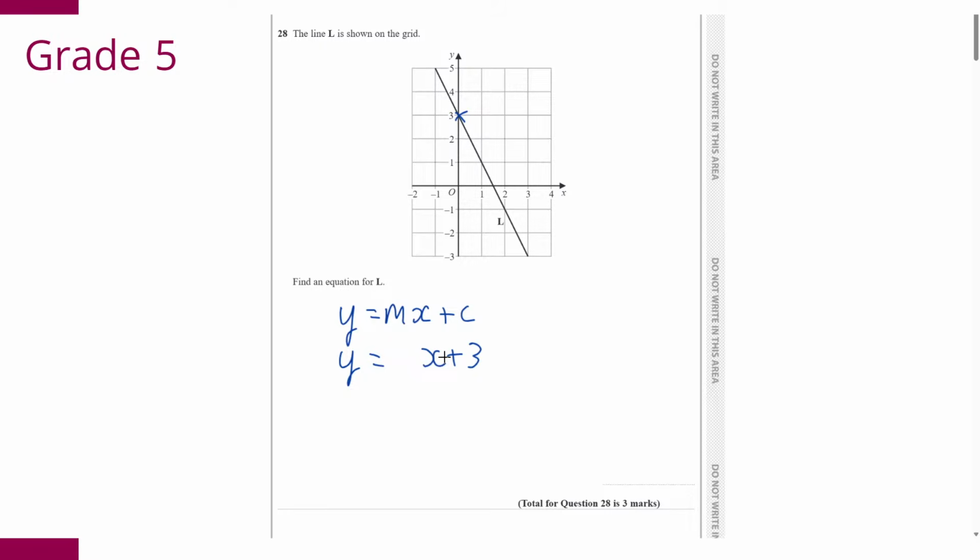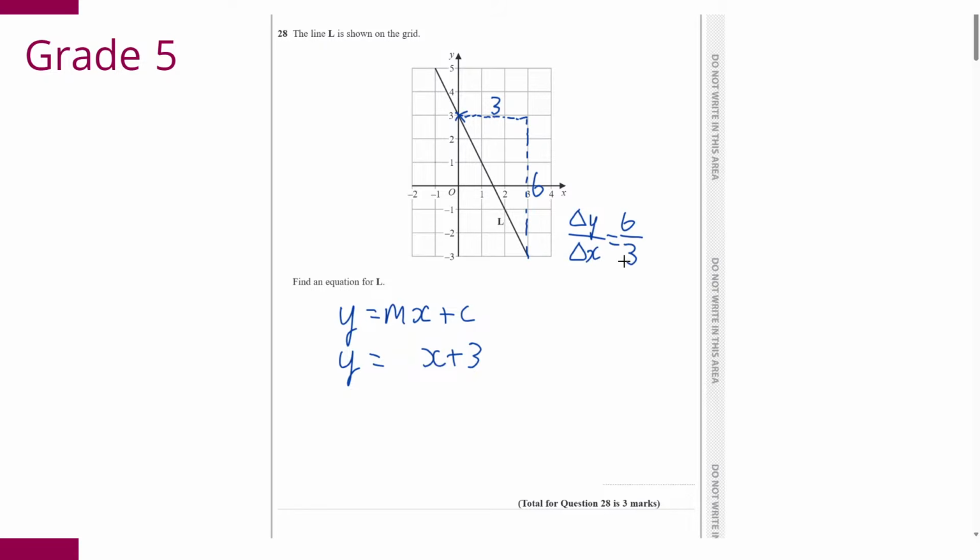Gradient's not so difficult because there's two ways of doing it. Either you draw a little triangle and you work out how far across it's gone, how far up. So 1, 2, 3, 4, 5, 6 up. And you do change in y over change in x. How much has y changed? 6.